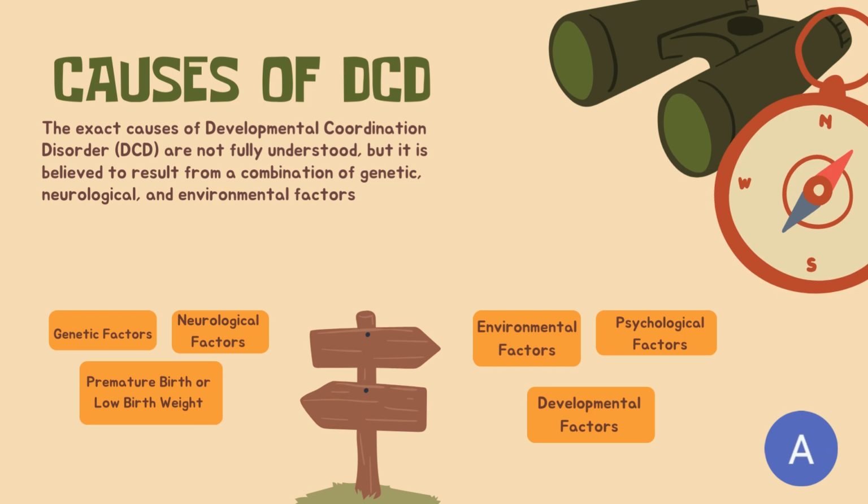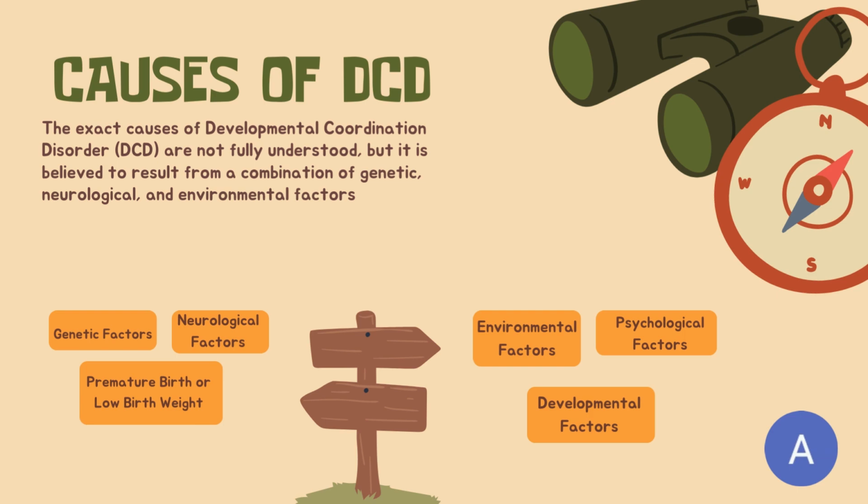There is evidence to suggest a genetic predisposition to DCD. If a family member such as a parent or sibling has a history of coordination difficulties, there may be an increased risk for DCD in family members. However, DCD is not solely determined by genetics, and multiple genes may be involved. Alright.